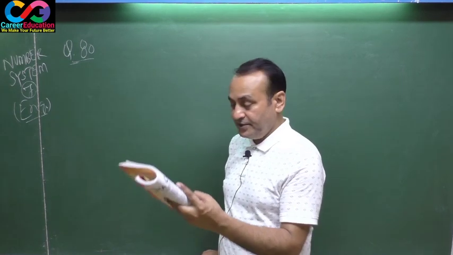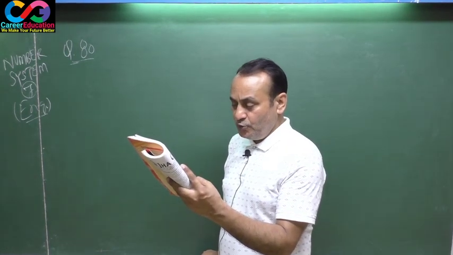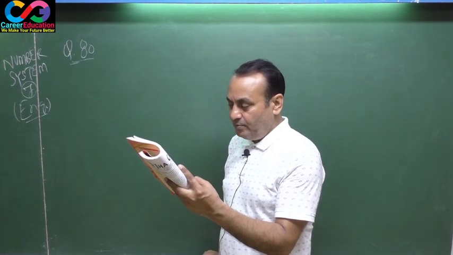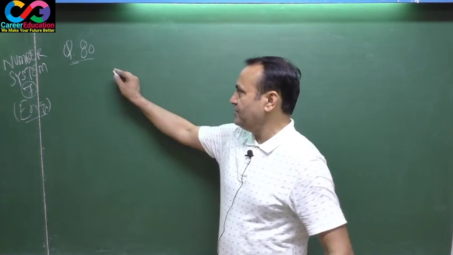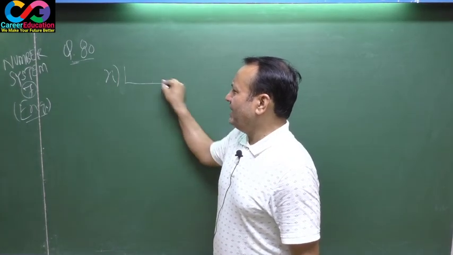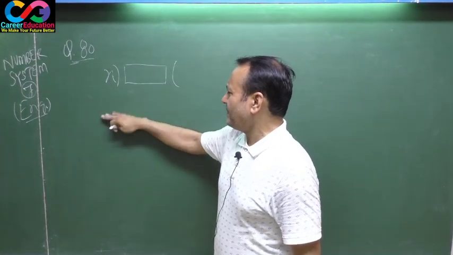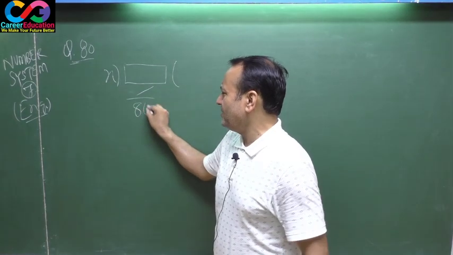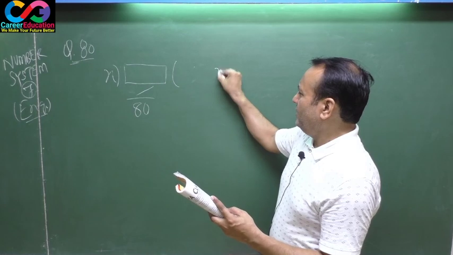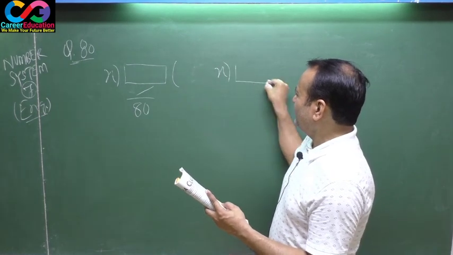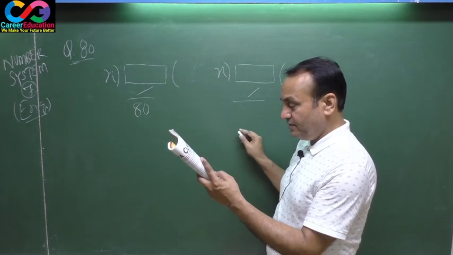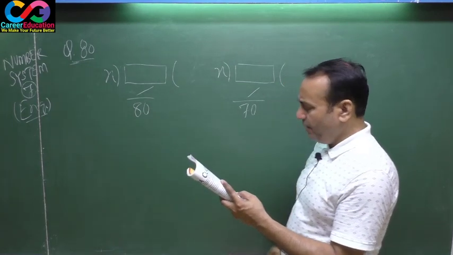See here. The question says, when two numbers are divided by a definite divisor, that means you divide this number by x, the remainder is 80. You divide this number by the same divisor, the remainder is 70.